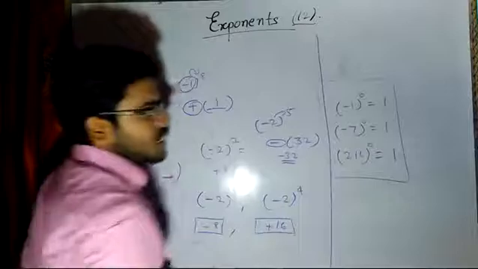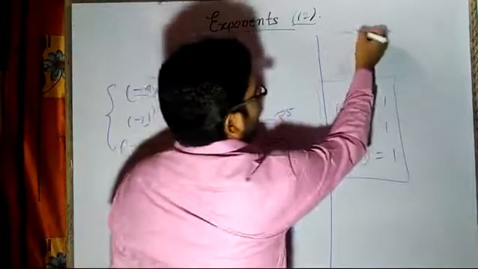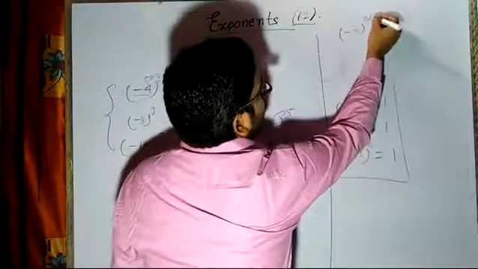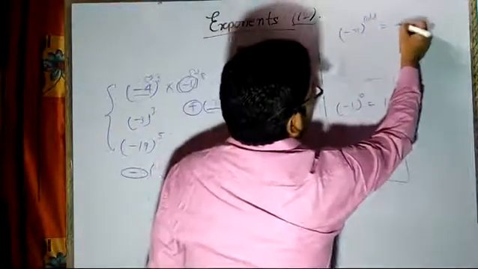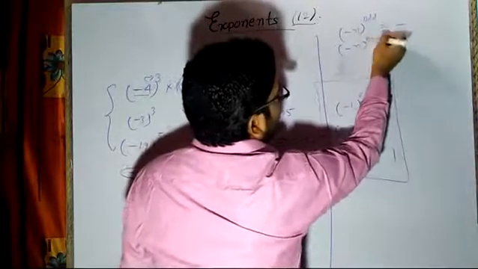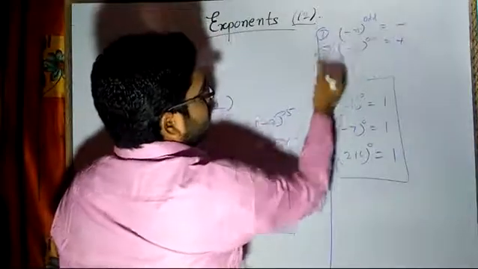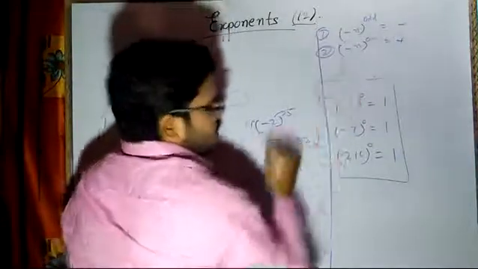This is an important part. Obviously, a negative number raised power odd is negative, and a negative number raised power even is positive. This is one rule, this is another rule, and this one is the third rule.